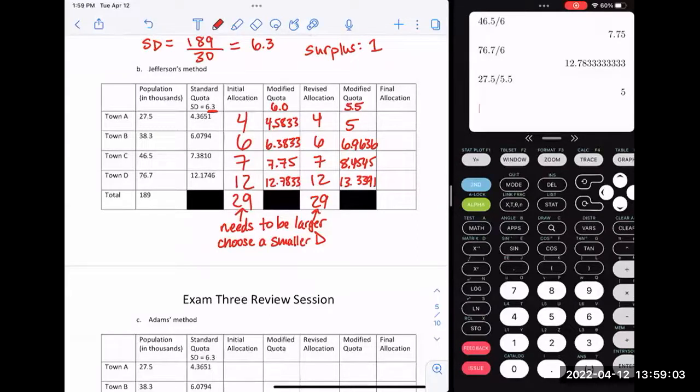Through the magic of television, there it is. I did work this one out ahead, so I have those, but I will make sure that everybody's caught up with me. I just took each population and divided it by that 5.5.